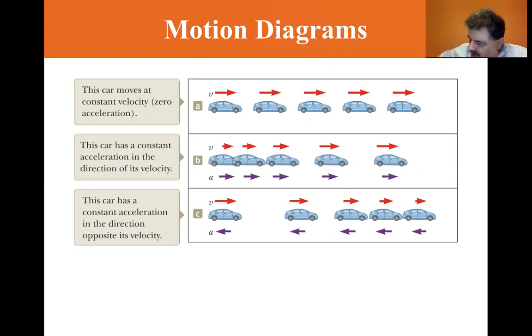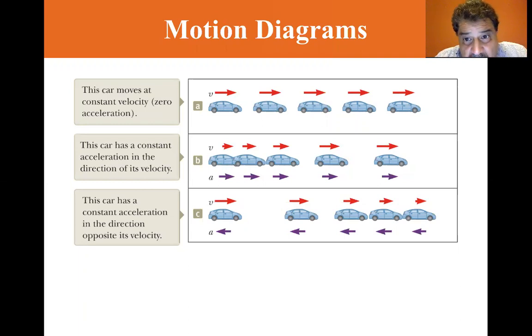So if we look at the top image, figure A, the images of the car are equally spaced. The car moves through the same displacement in each time interval. The car moves with constant positive velocity and zero acceleration.